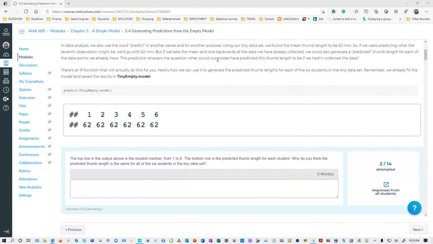This prediction answers the question: what would our model have predicted this thumb length to be if we hadn't collected data?